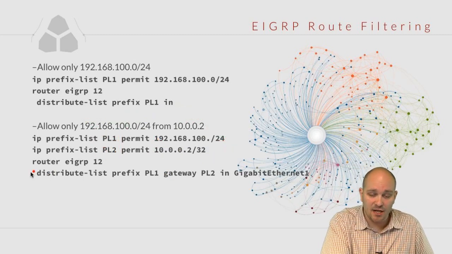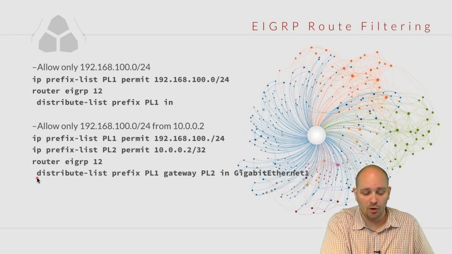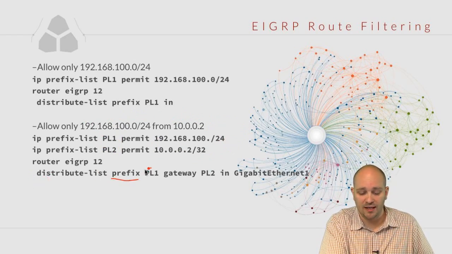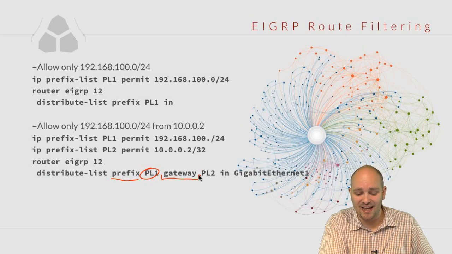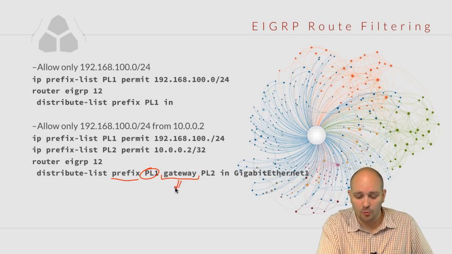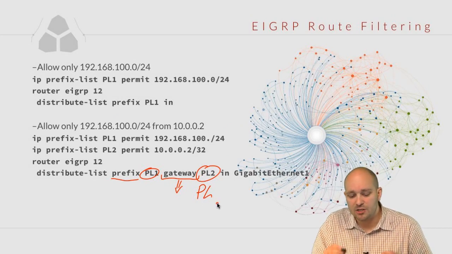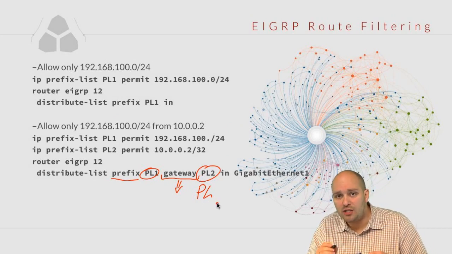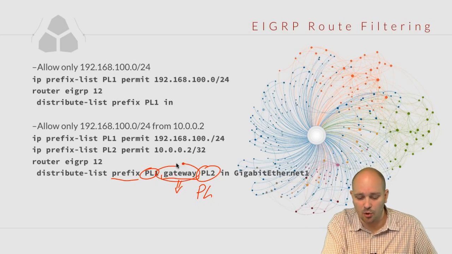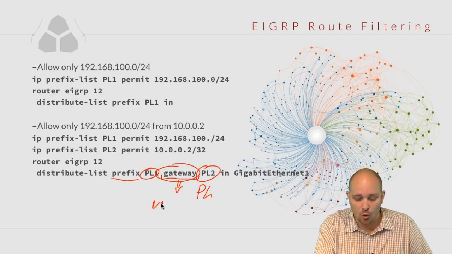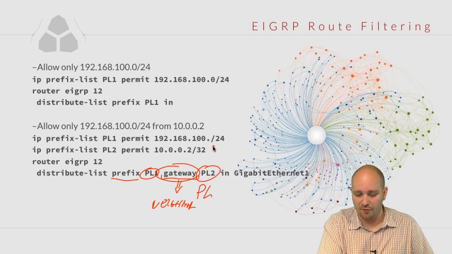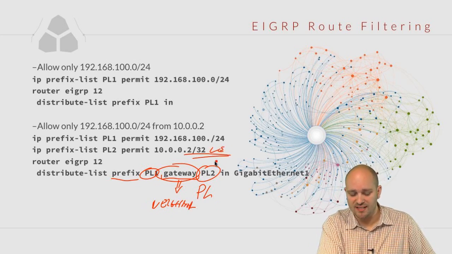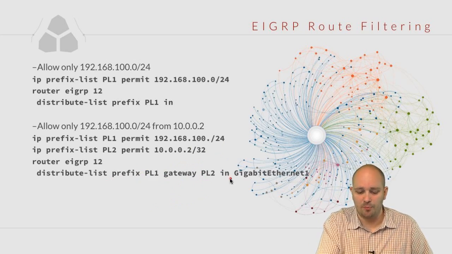And then in the EIGRP configuration, we're going to say distribute-list prefix PL1 gateway PL2 in on, for example, gigabit interface 1. The gateway keyword tells us that what follows is a prefix list that is going to define from which neighbor. We could have, for example, a range of addresses specified in our prefix list.